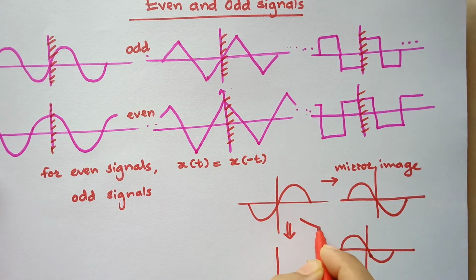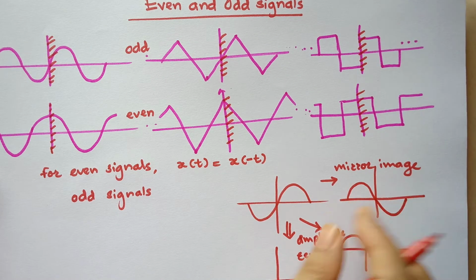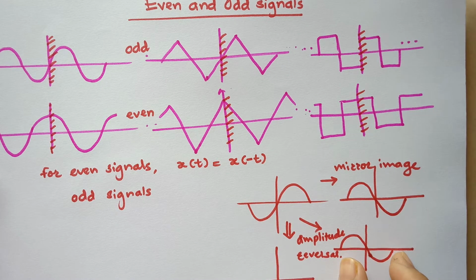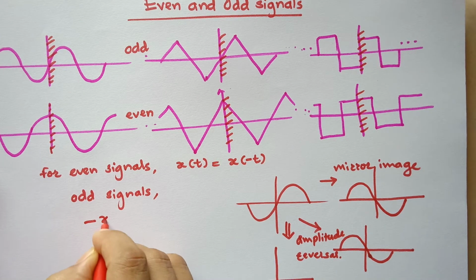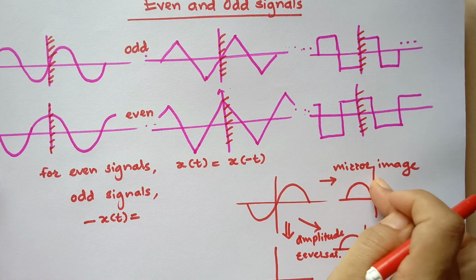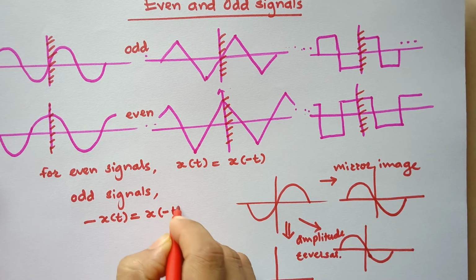So this is amplitude reversal. Amplitude reversal and mirror image are both the same. So in this case the signal is an odd signal. So for odd signals, amplitude reversal, meaning minus of x of t, is equal to the mirror image, meaning the reflected image, x of minus t.